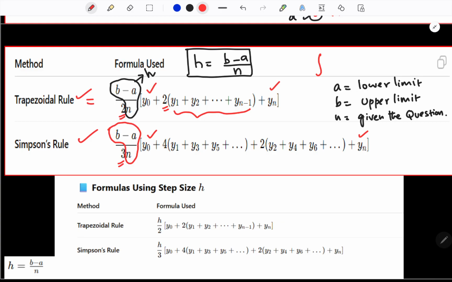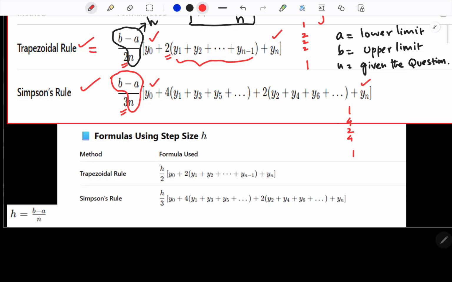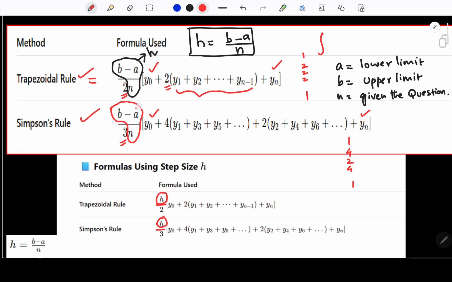In the trapezoidal rule you use 1 and 1, and in between all 2s. But in Simpson's rule, the first and last values will be 1 and 1, and in between you will use 4, 2, 4, then 2, 4, like that. I have also given the same formula with h, h divided by 3, because I told you (b minus a) divided by n is equal to h.